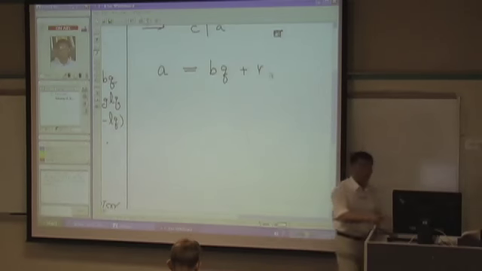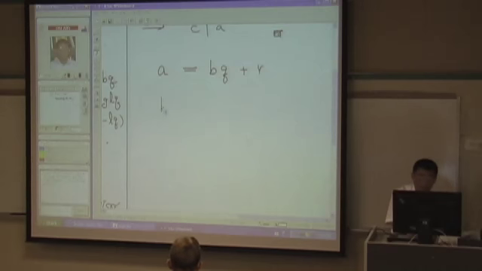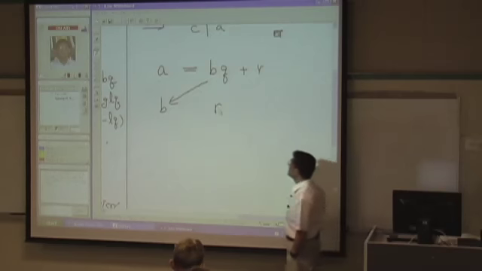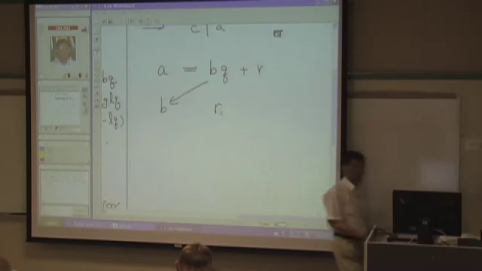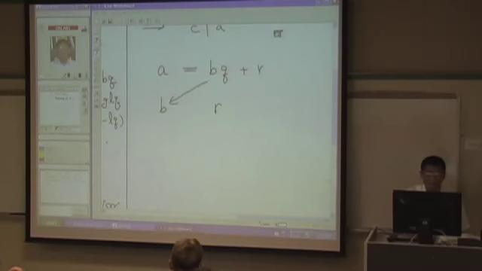But now, we apply the same thing to this B and then R, right? We apply this to B and R. So instead of calling this using many different letters, I will make a uniform description. Instead of ad hoc description, I will make a uniform description. To do it, I will call this R0, and I will call this R1.